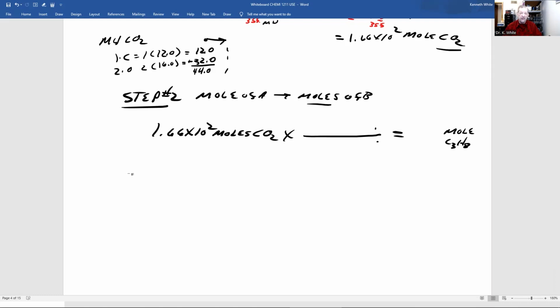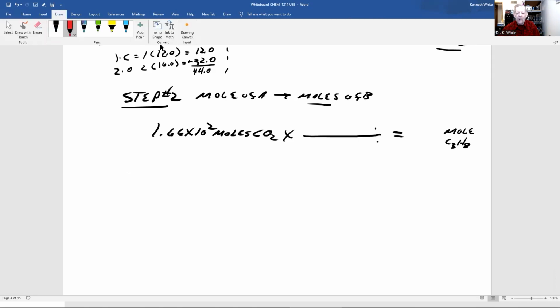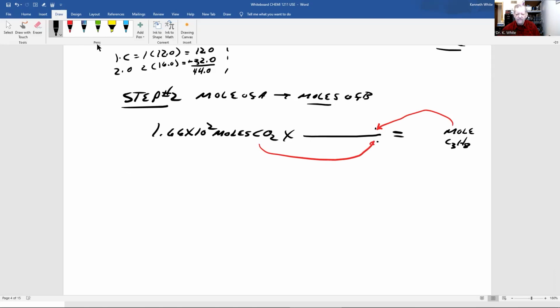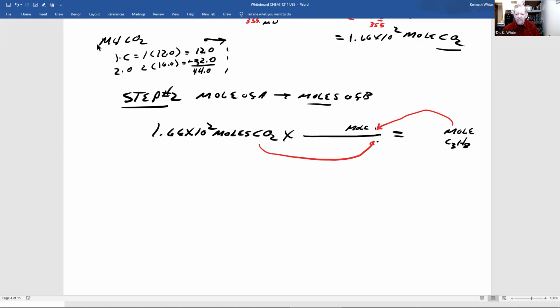It's time to use your good buddy, your good friend, unit analysis. And how do you do that? Whatever you're trying to get to, the units go on top of the ratio. Whatever you're trying to get rid of, the units go underneath. I'll write that in. Moles of C3H8 goes on top.